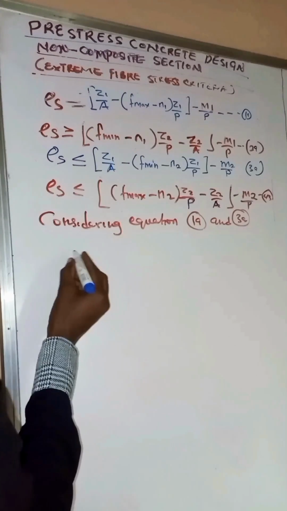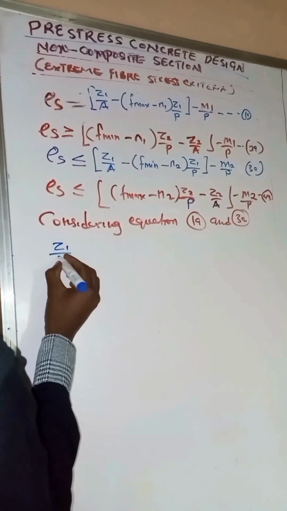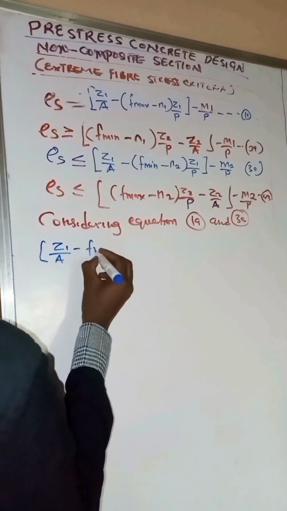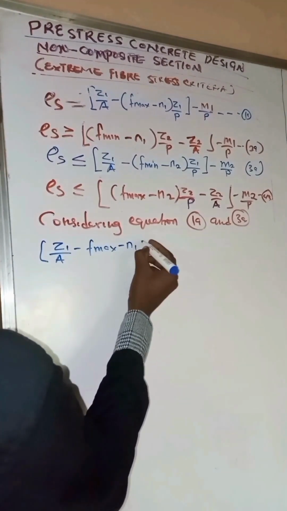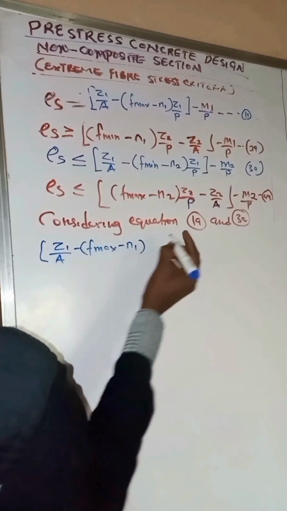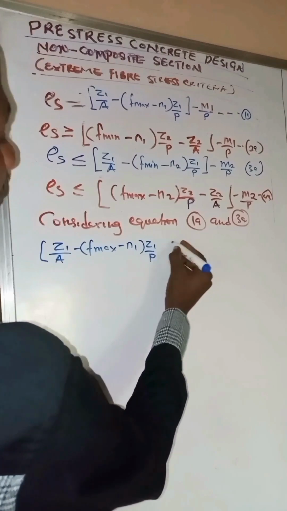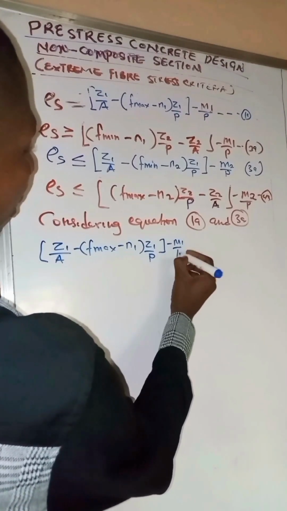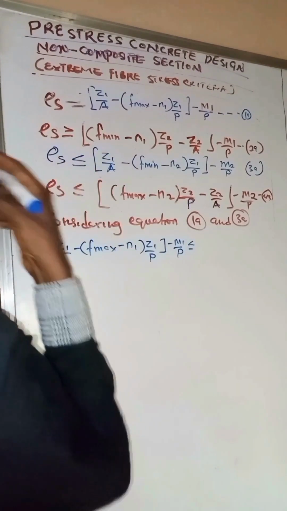So we have that Z1 over A minus (F maximum minus N1) Z1 over P minus M1 over P is less or equal to equation 3.